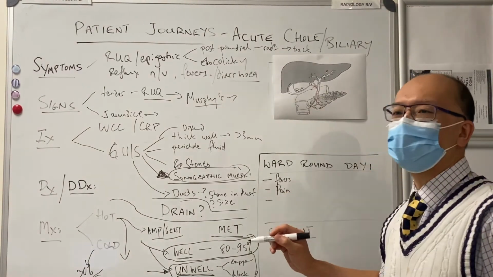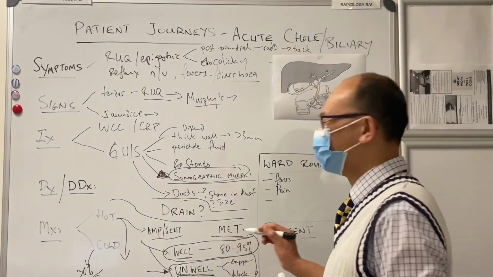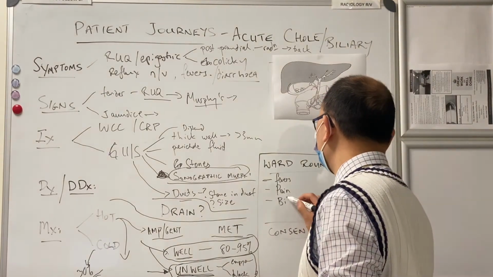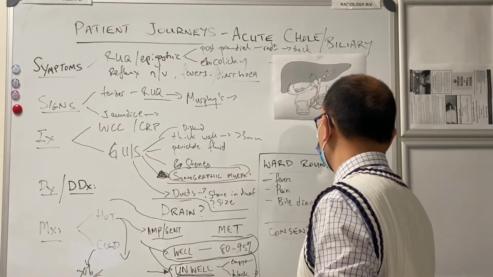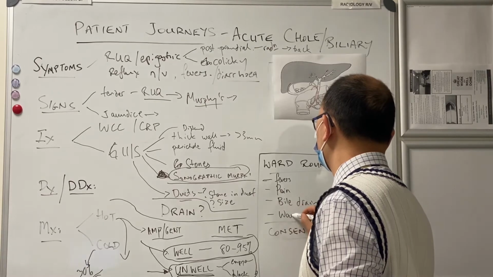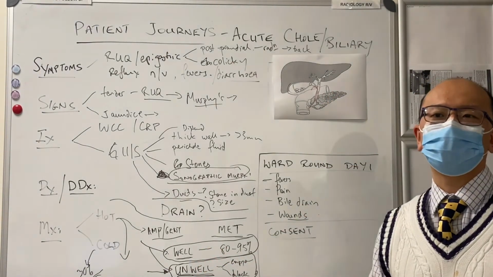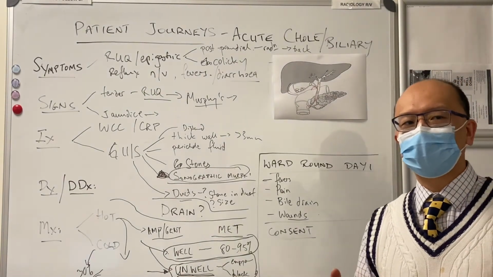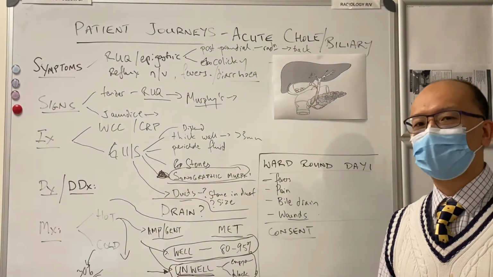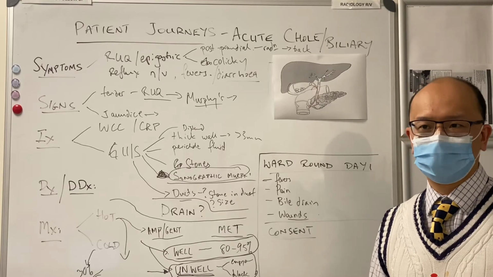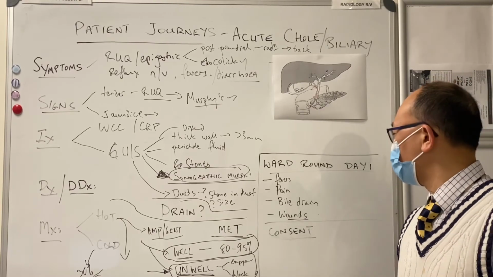Yeah. Bile. Let's assume they have drains. So we look for bile in the drain, we look at the wounds. And you make sure they eat and drink, they're up and about, and hopefully their pain's a bit better. They're going to get a little bit of wound pain, but hopefully you can get them home after that.